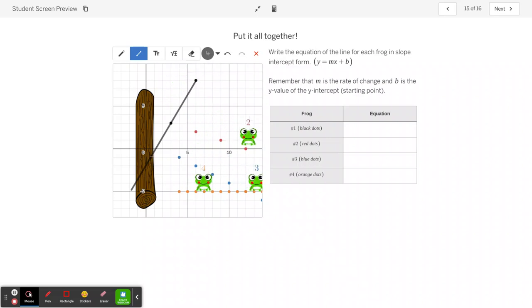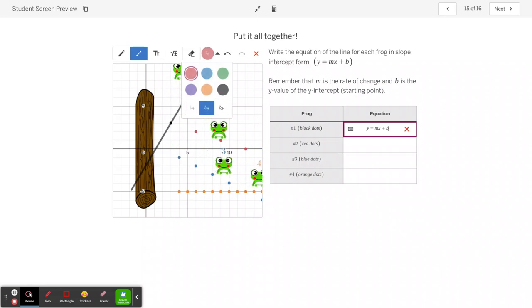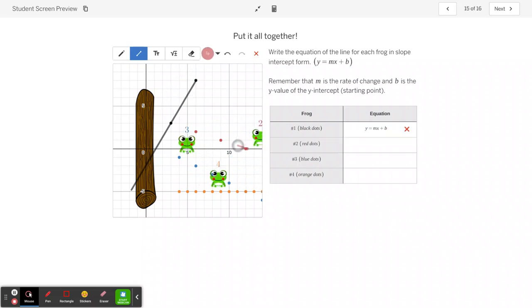Count your step, find out where it crosses. When you put the equation correctly, because remember, they all need to say y equals mx plus b, it'll graph the line for you if you get it right. You'll do that for all 4 lines. Connect your dots on all 4 lines. That one's a little off, but you'll get the hang of it.